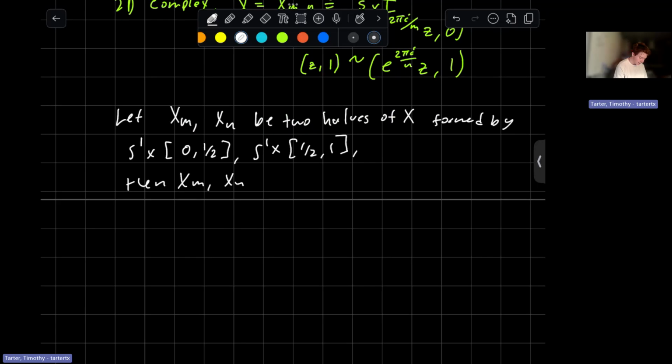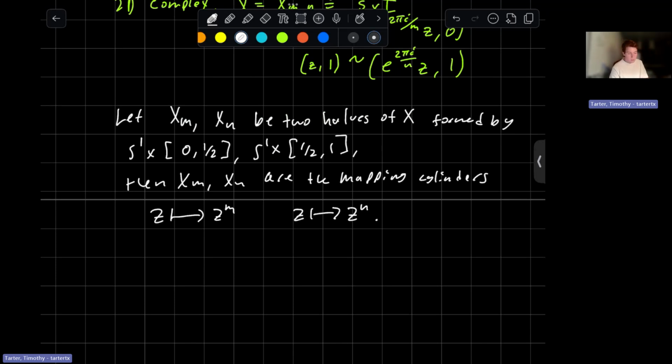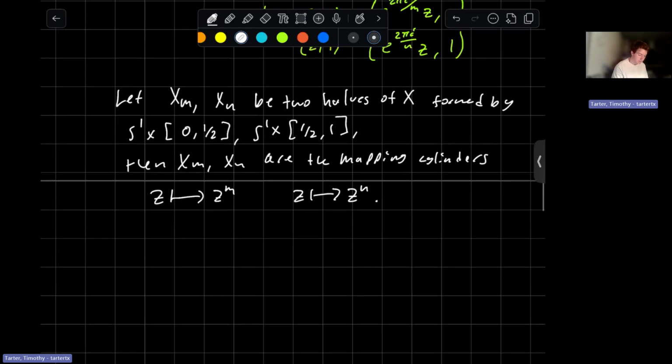Then Xm and Xn are the mapping cylinders of z getting mapped to z^m and z getting mapped to z^n. The intersection, which is identified at t equals 1/2, is a circle, which is the domain end of each mapping cylinder. So Xm intersect Xn is S1 cross 1/2.